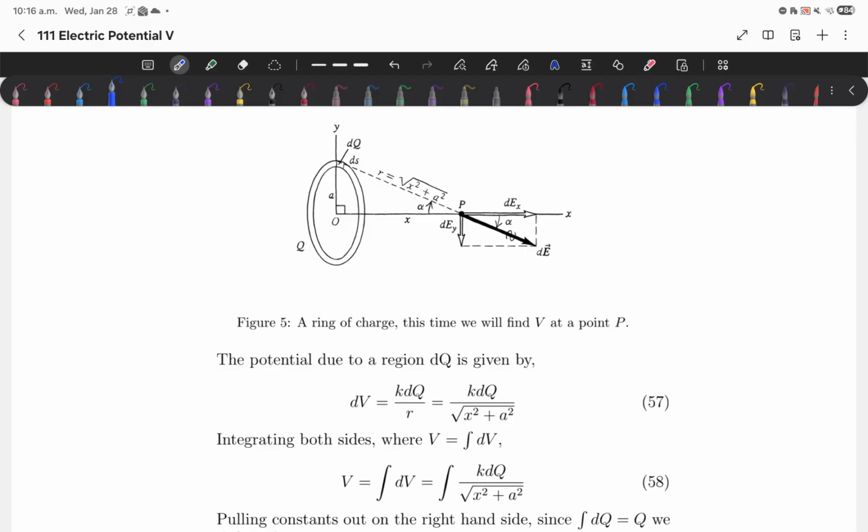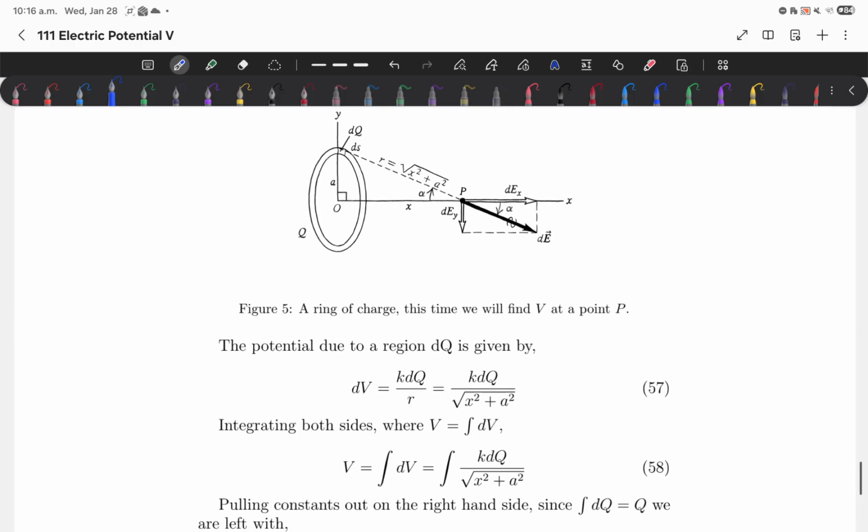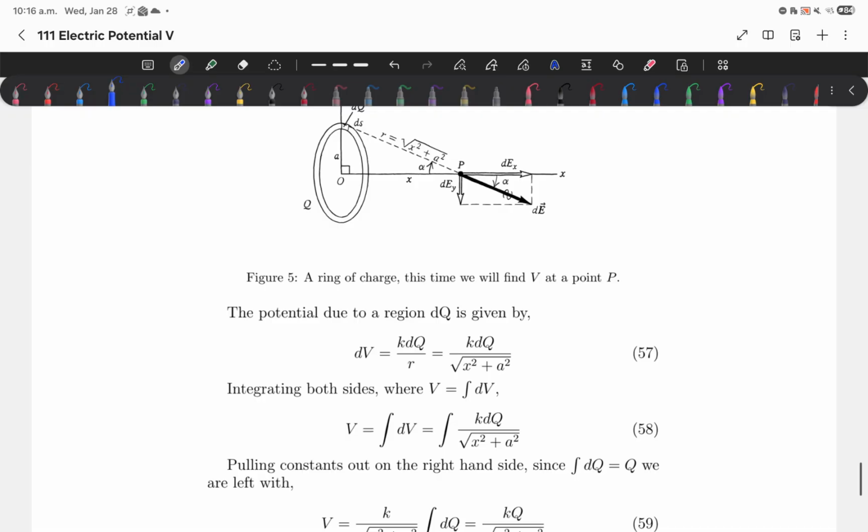When we did that earlier in the course, we found the electric field anywhere on the axis was given by this expression here. I wanted to show you what happens if we did the same thing for potentials, just because it's kind of cool. So if we did the same problem for potentials, we have to find some dV, the potential due to that little bit of charge on the ring, dq.